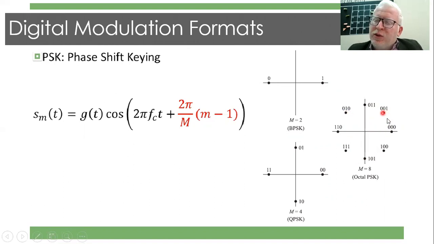The only difference between these symbols is basically the phase. So this is a 0 phase carrier. This is 45 degrees, 90, 135, and so on. So now you increase the number of symbols by increasing these points on the circumference, I mean, by decreasing the delta phase between each 2 neighbor symbols. And this is what's called phase shift keying.